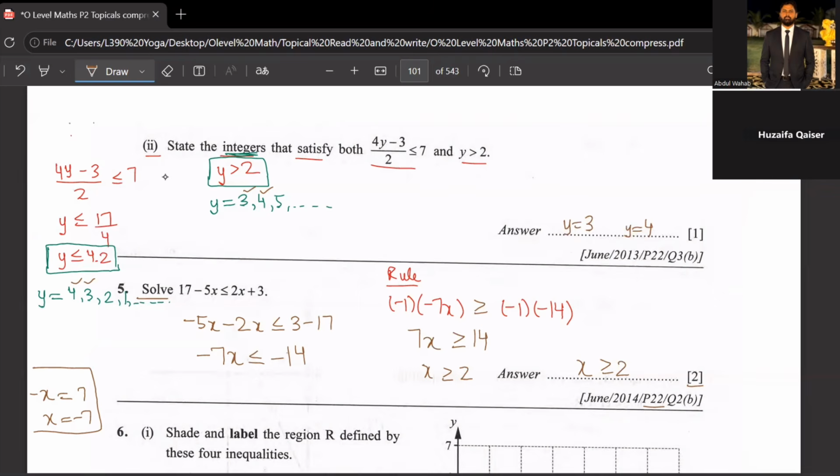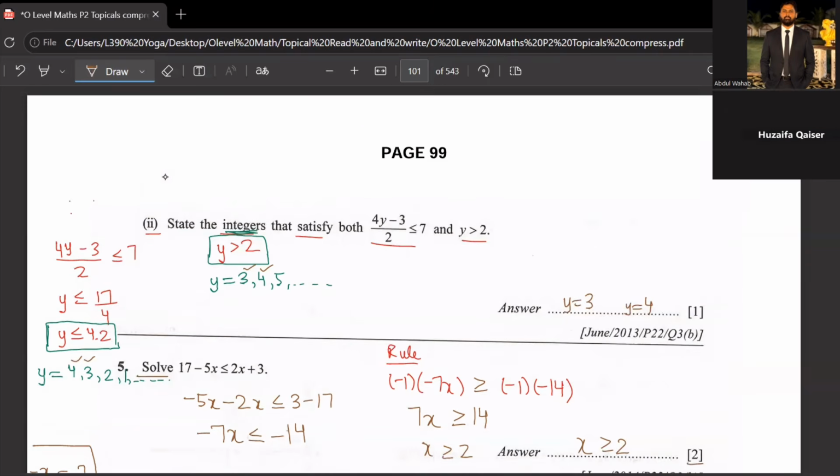We multiply minus 1 on both sides, but the main thing is that we need to change the inequality sign. If it is less than, we make it greater than, or if it is greater than, we make it less than. That's the only rule for inequality in this topic.